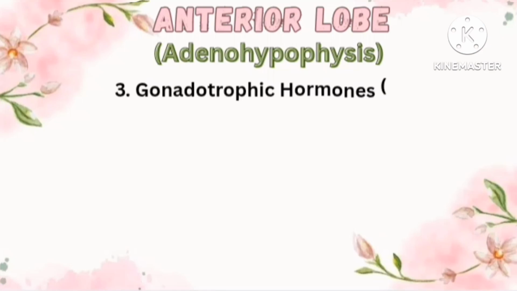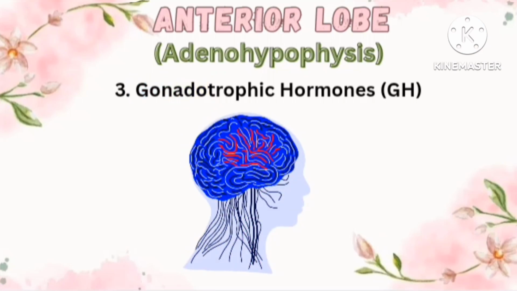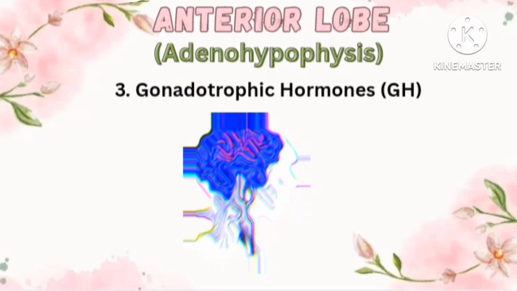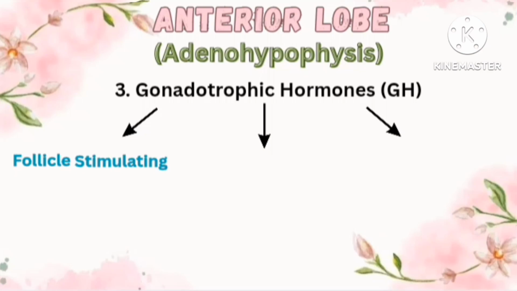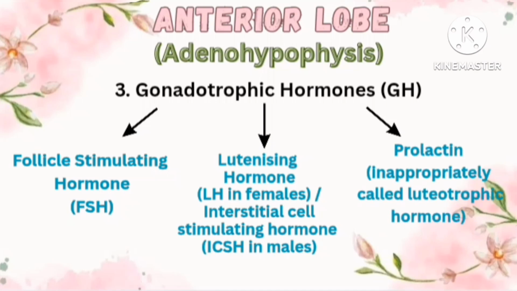Third ones are the gonadotrophic hormones. Gonado come from the word gonads, which means sex organs. Receiving commands from the hypothalamus, the anterior lobe of pituitary gland secretes the following hormones. 1. Follicle-stimulating hormone. 2. Luteinizing hormone in females and interstitial cell-stimulating hormone in males. 3. Prolactin.